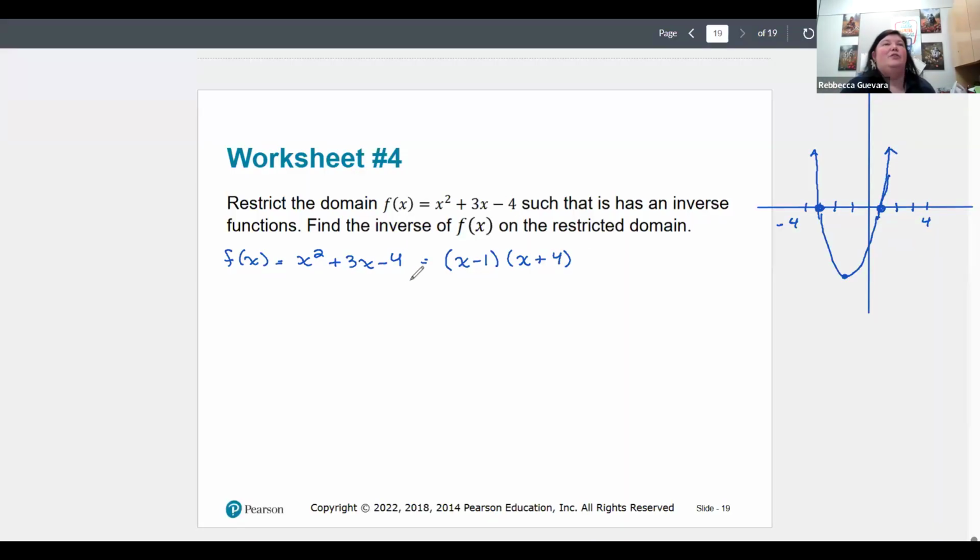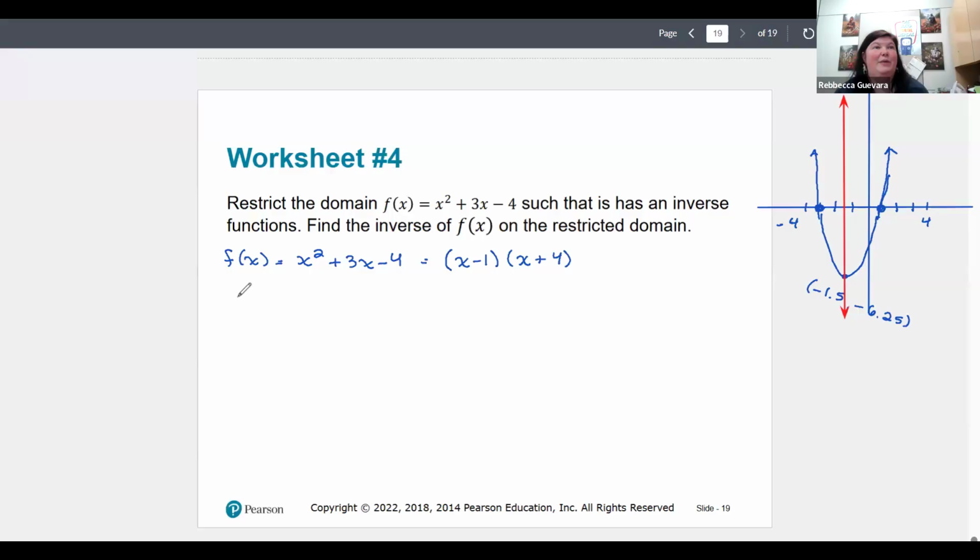Okay. So you could have factored this and at least gotten these two parts to graph it. But this part right here may not have been so obvious. So this is a point at negative 1.5 and negative 6.25. So what we see here is that through this point here, I'm only going to keep half my function.